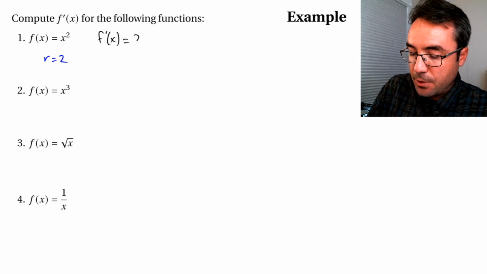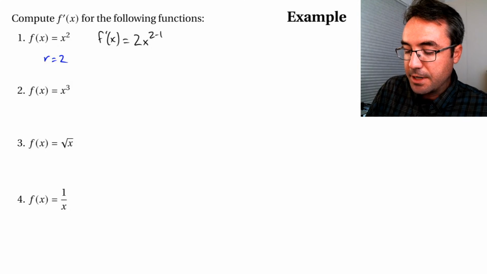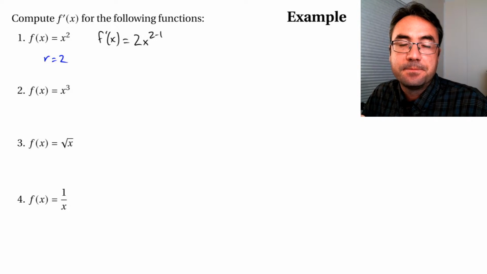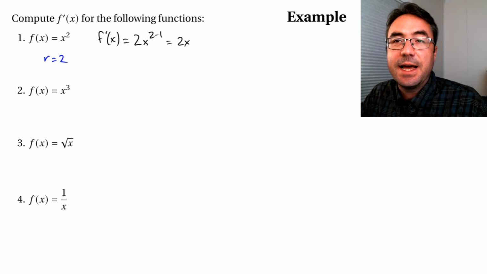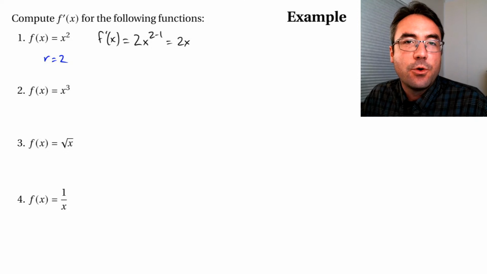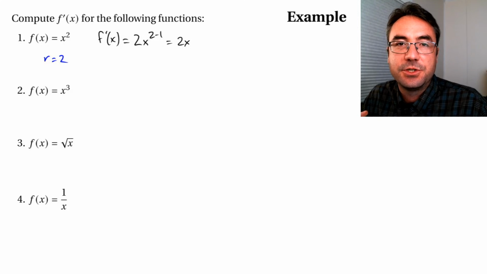Well, we bring down our exponent, 2, put it in front, keep our variable the same, so it stays x, and then we subtract 1 from our exponent, so 2 minus 1. And then if we simplify that, we get 2 times x to the power 1, and then we don't normally write exponent of 1, so we just leave that off. So the derivative here is just 2x.